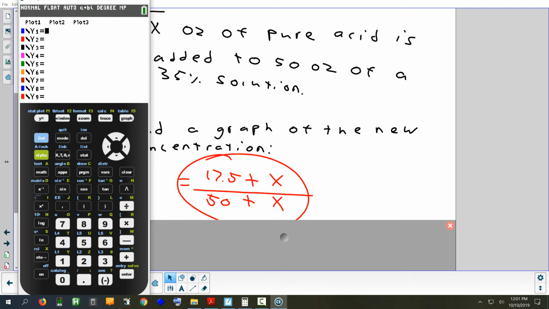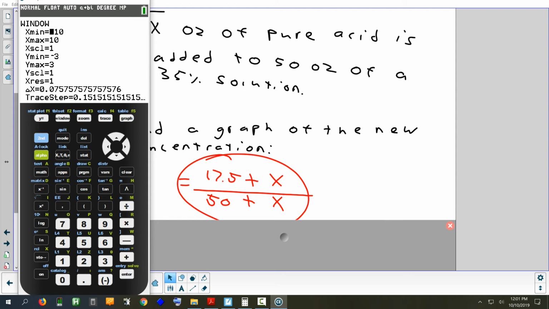So let's graph it, and that'll be the last thing. 17.5 plus X divided by 50 plus X. Now, your concentration is going to be a decimal between 0 and 1. Will your concentration ever reach 1?